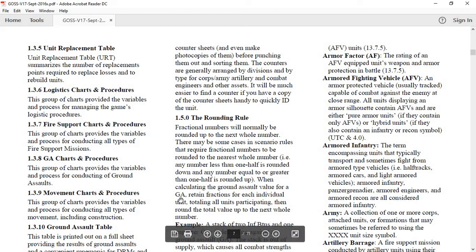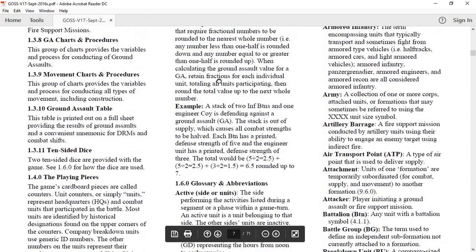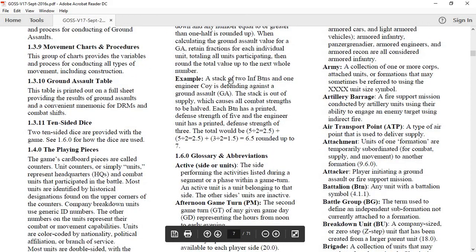When calculating the ground assault value for a GA, retain fractions for each individual unit, totaling all units participating, then round the total value up to the next whole number. Example, a stack of 2 infantry battalions and 1 engineer company is defending against a ground assault, or GA.